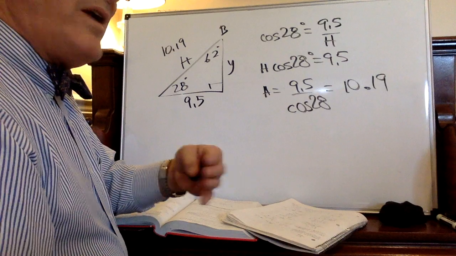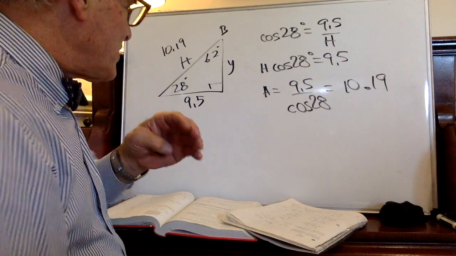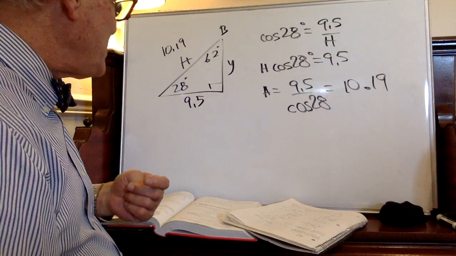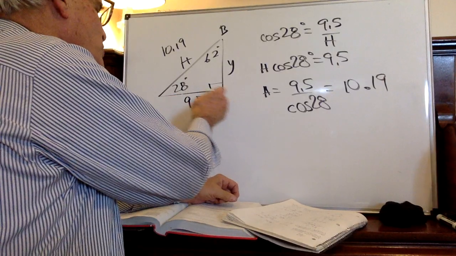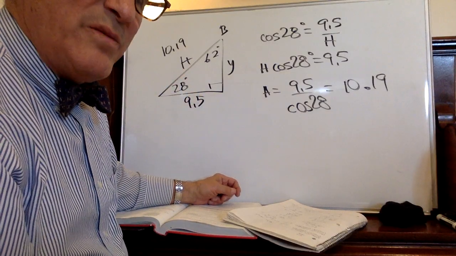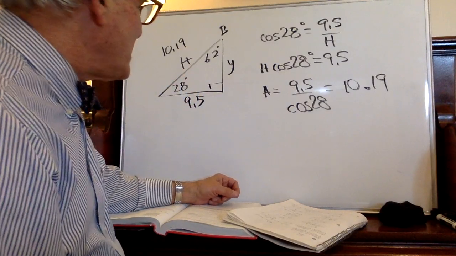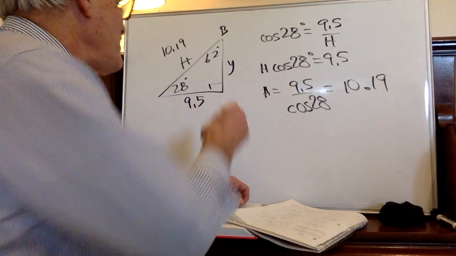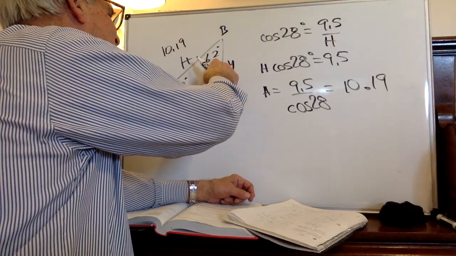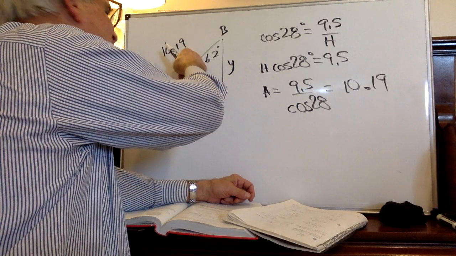So I've got a multitude of different ways of approaching this problem using different trig functions and using the fact that in a right triangle, the two acute angles are always going to be complements. Complement of 28 is 62. So I could have said, okay, this has to be 62, therefore the sine of 62 is 9.5 over h.